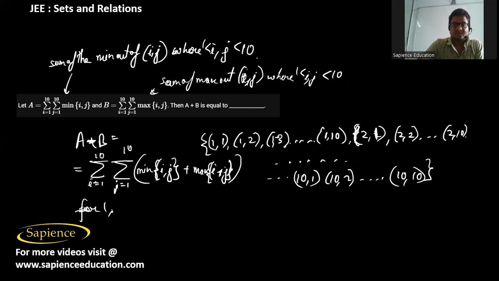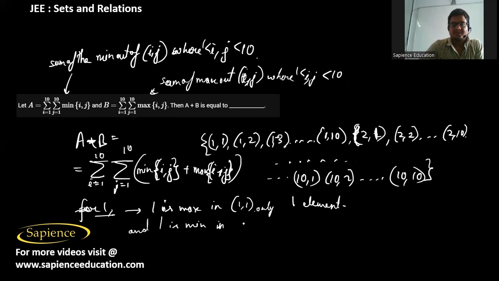For 1, 1 is the maximum in only one element, (1, 1), and 1 is minimum in (1, 2) till (1, 10), and also in (2, 1), (3, 1), till (10, 1).